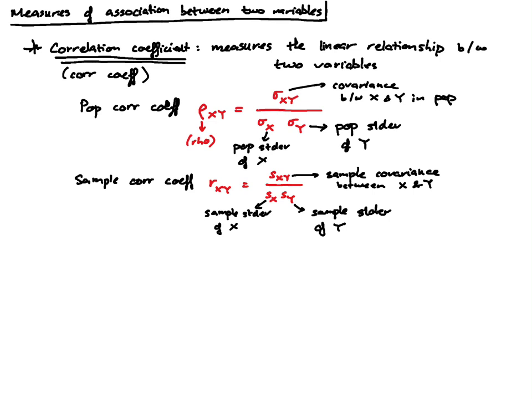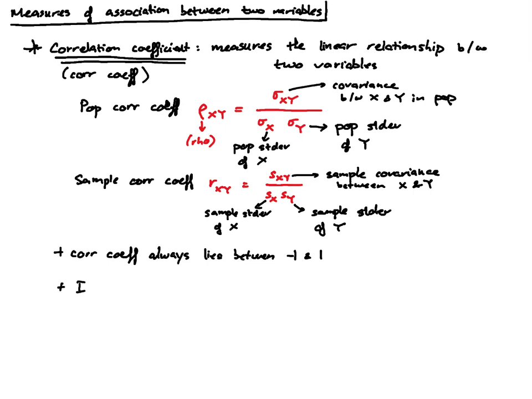Now, what should we know about the correlation coefficient? The correlation coefficient always lies between -1 and 1. So I'm going to talk about the sample here, but everything applies to the population as well.